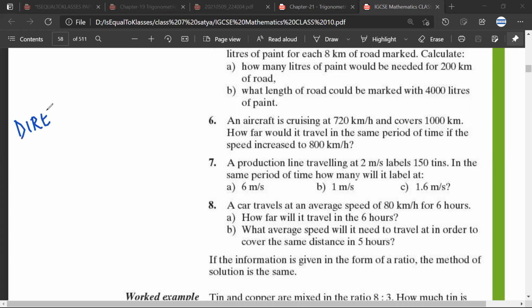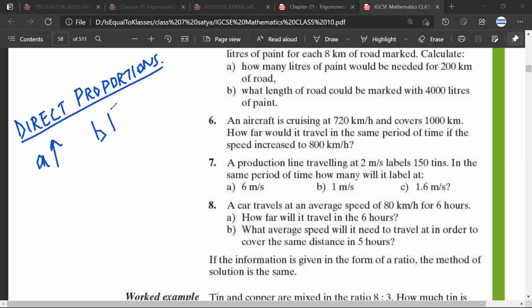All of these are direct proportions. What direct proportion means is that if this thing increases, this thing will also increase. If this thing decreases, then this thing will also decrease. So all these questions that we are doing are direct proportions.